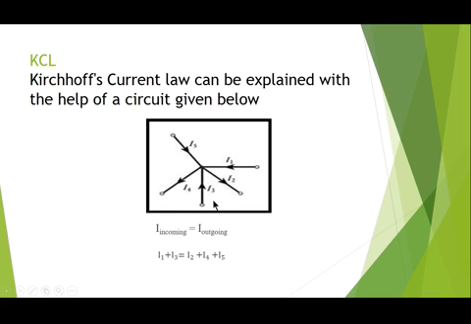KCL is nothing but the sum of incoming current is equal to the sum of outgoing current, that is I incoming is equal to I outgoing. Here I1 and I3 are incoming currents, so I1 plus I3 is equal to the outgoing currents I2 plus I4 plus I5. That is Kirchhoff's law.